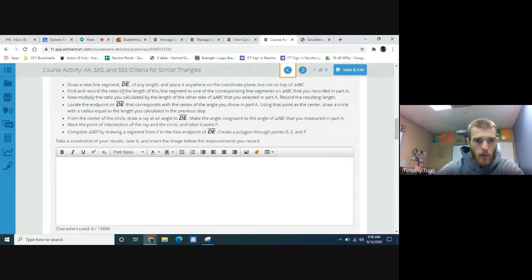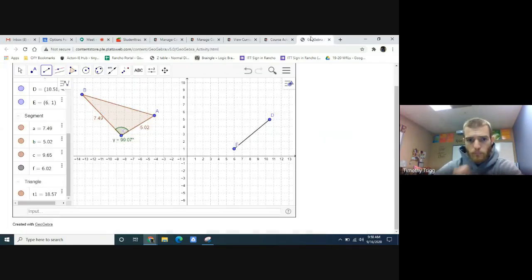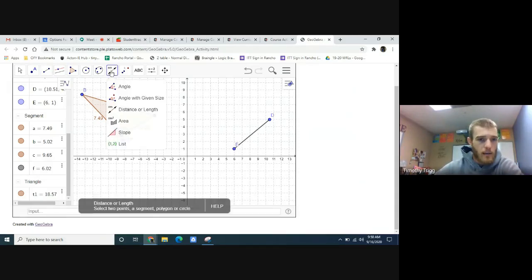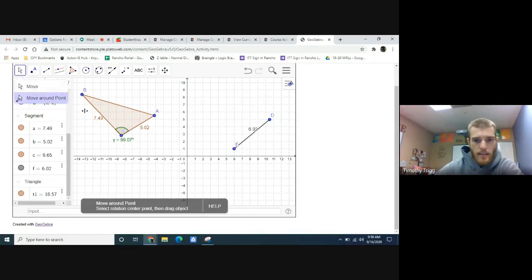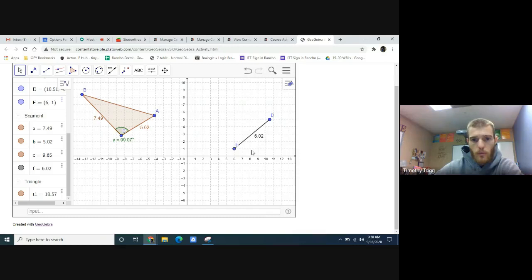And find and record the ratio of the length of this line segment to one of the corresponding line segments on triangle ABC, and record it. You recorded in part A. So I need to know this length. So go back to distance and length here. Click on that. In this case, this length is 6.02. This one's 5.02.